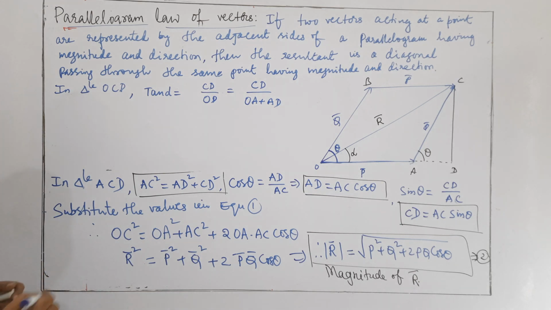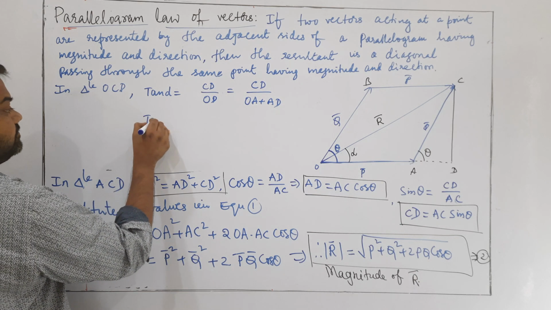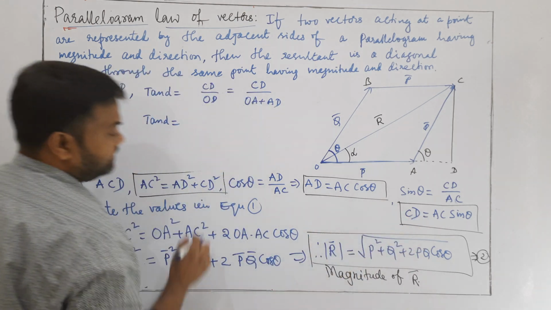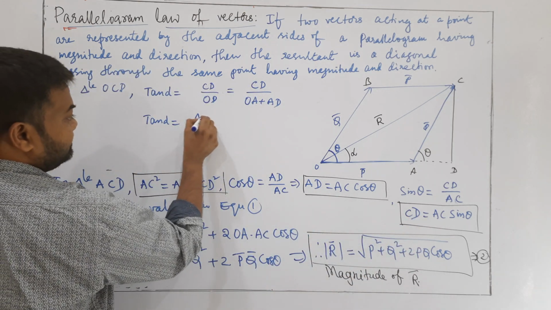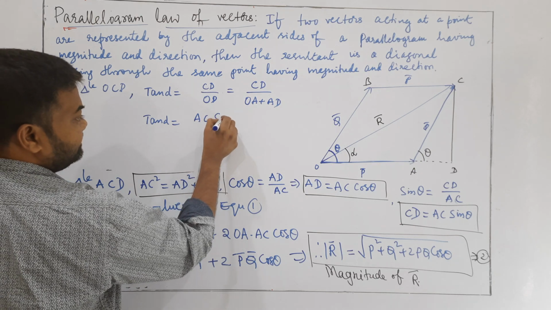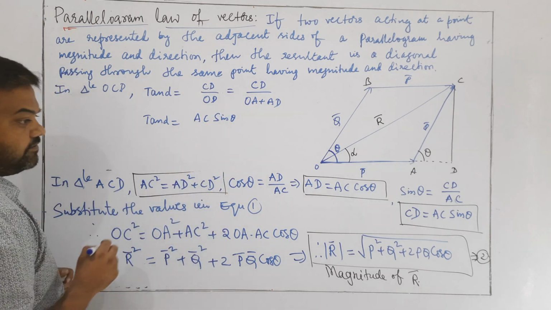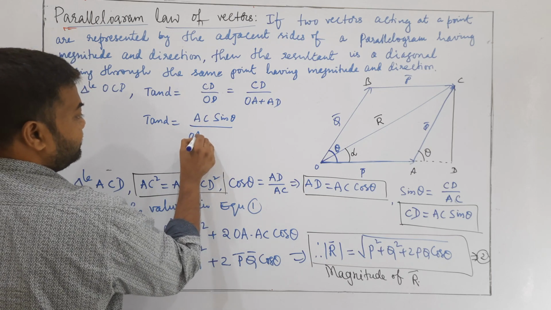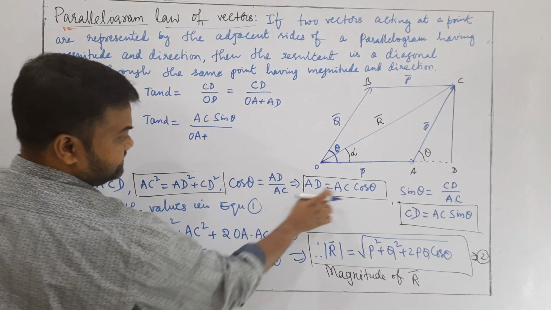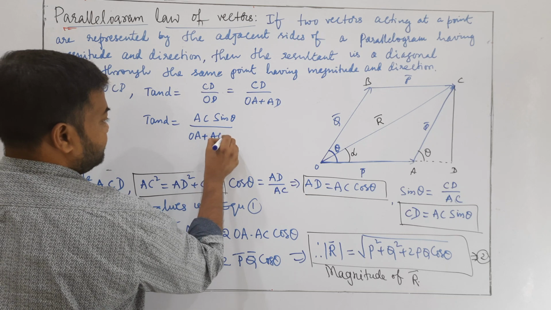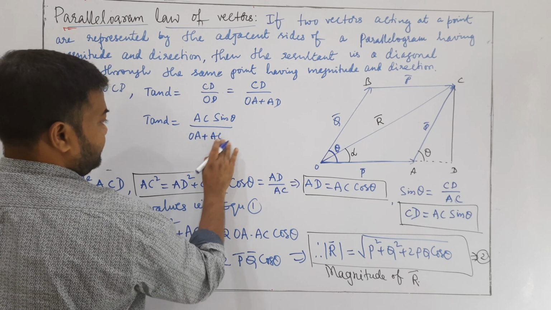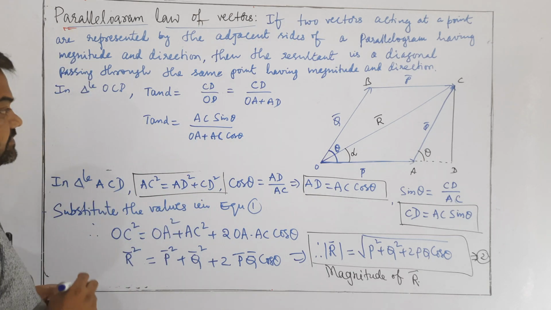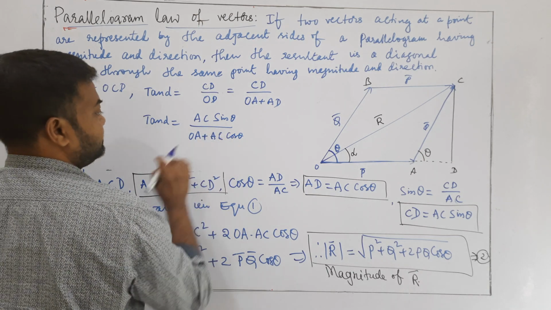Therefore tan alpha is equal to, what is CD? Here we have written CD is nothing but AC sin theta, by OA plus AD, which means AC cos theta.